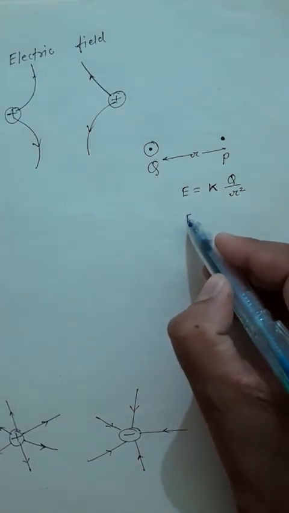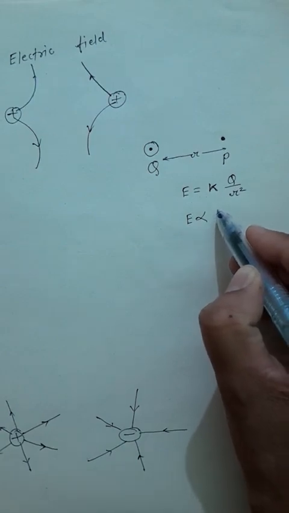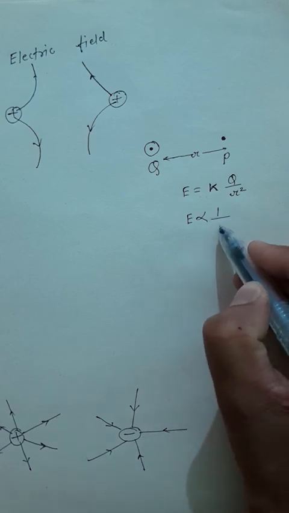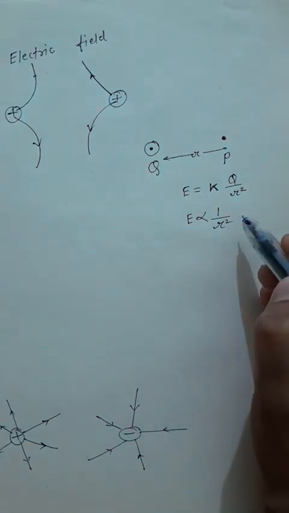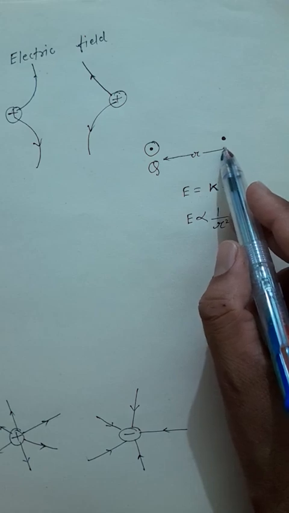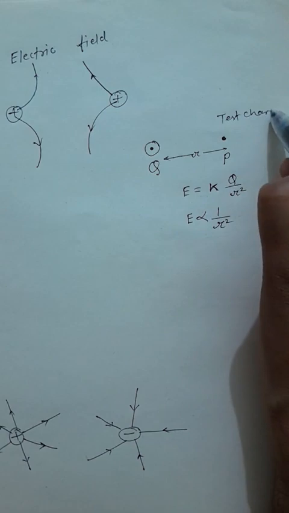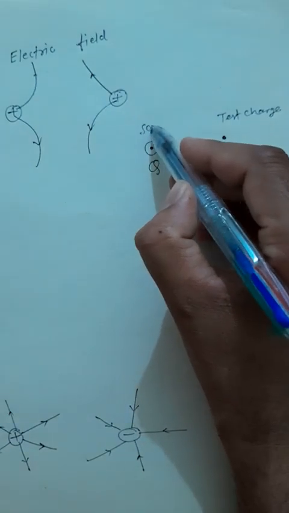We can see from the mathematics that the electric field is inversely proportional to the square of the distance between the two charges. Here is the test charge, and here is the source charge.